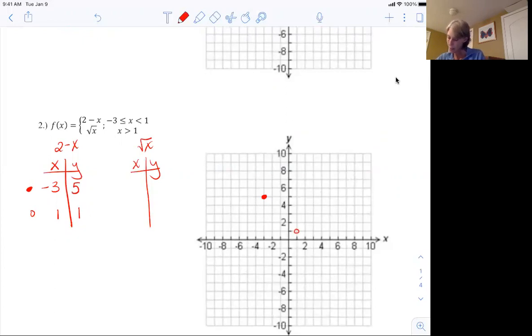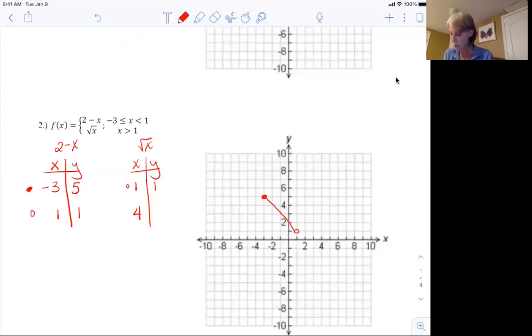So we have this line. And the next piece is a square root function. We're starting at 1, plotting as an open circle. We can pick another number bigger than 1. I would pick 4 because 4 is going to work out as a nice point.